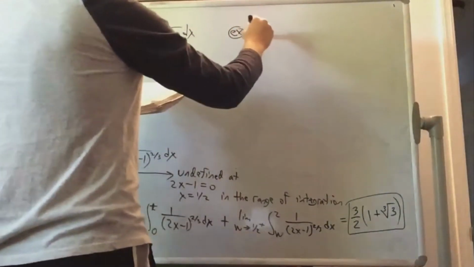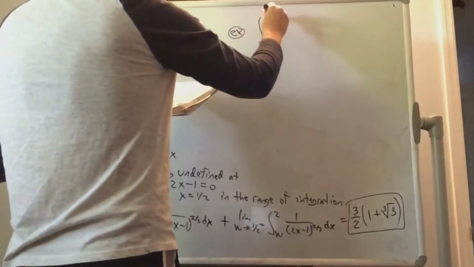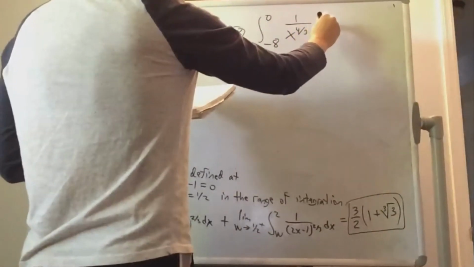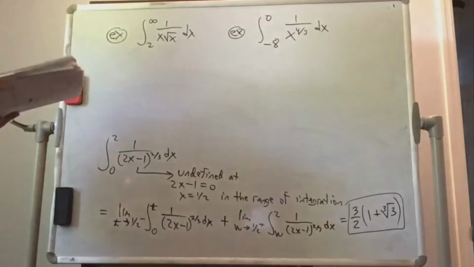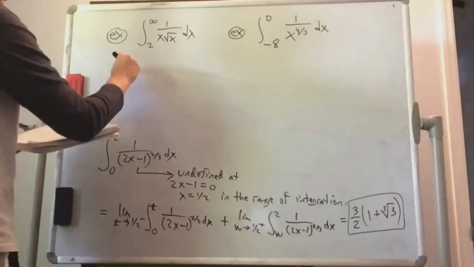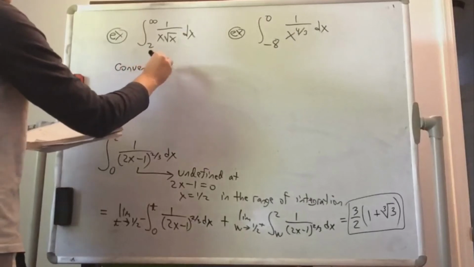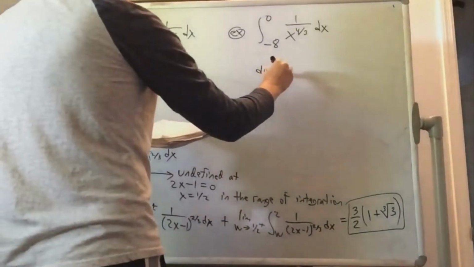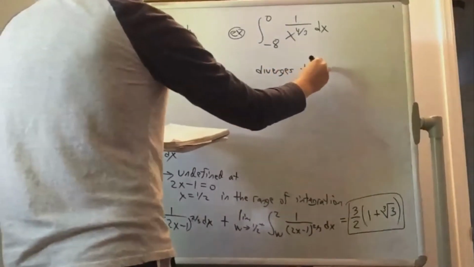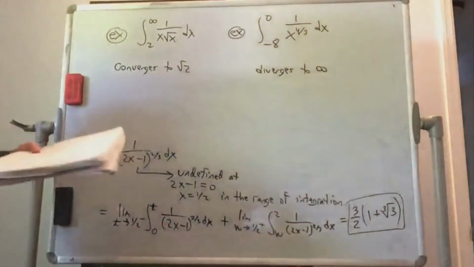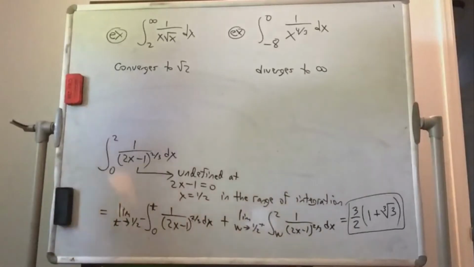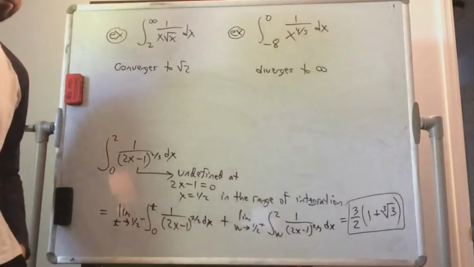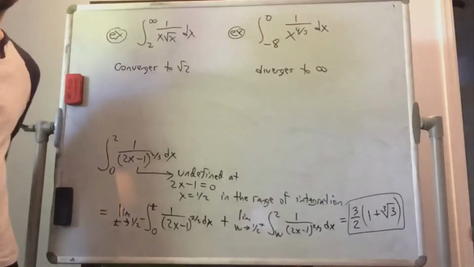And the second one for you is negative 8 to 0, 1 over x to the 4/3 dx. Guess I'll give you the answer. This first one is going to converge to root 2, and the second one diverges to infinity. So those are your answers. Let's take 10 minutes or so. Integrals should be easy, but just make sure you get the setup, the familiarity with how the improper stuff works.